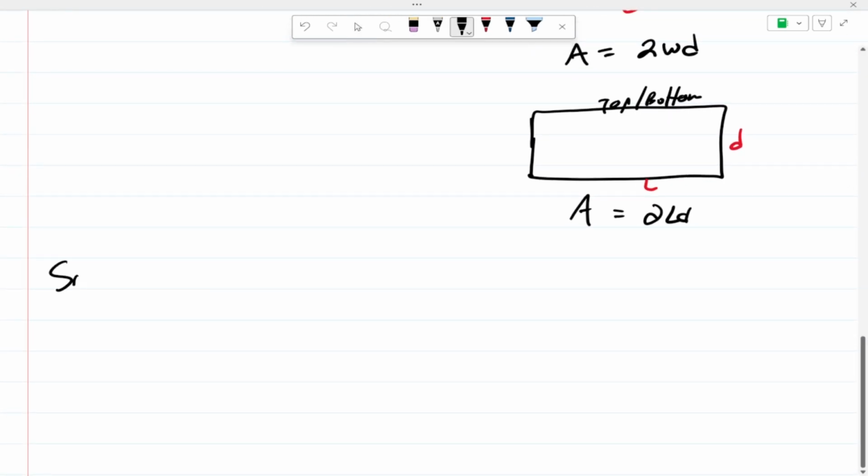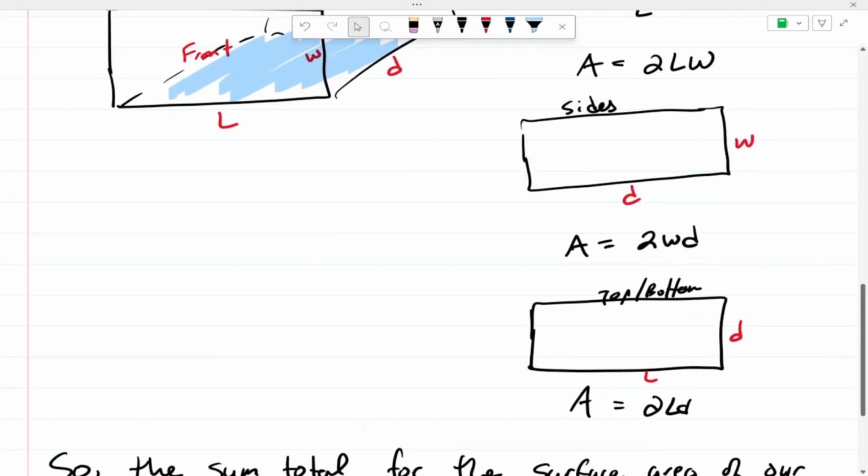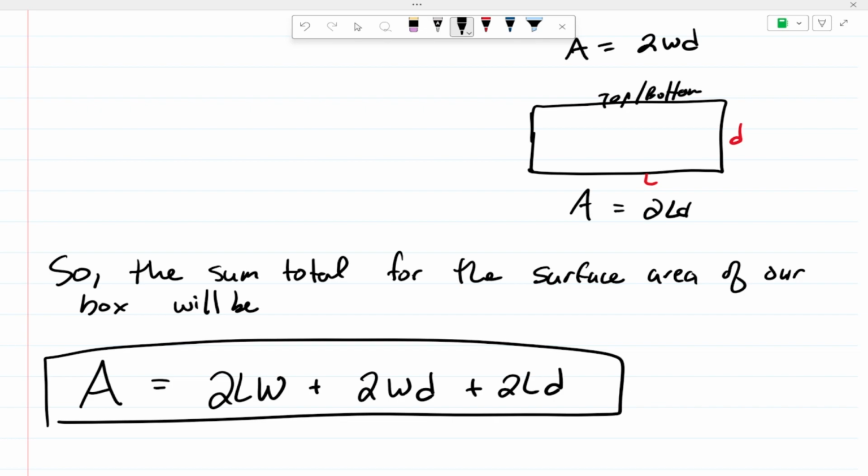So the sum total for the surface area of our box will be area equals 2 times LW plus 2 times WD plus 2 times LD.